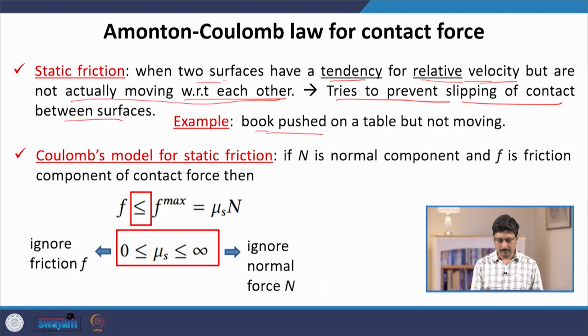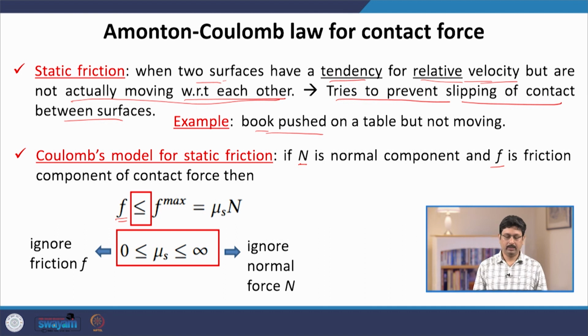So, what is this law? I am going to highlight two important aspects of this law. As you know, it says that if N is the normal component and F is the frictional component, then what is the magnitude of this frictional force?